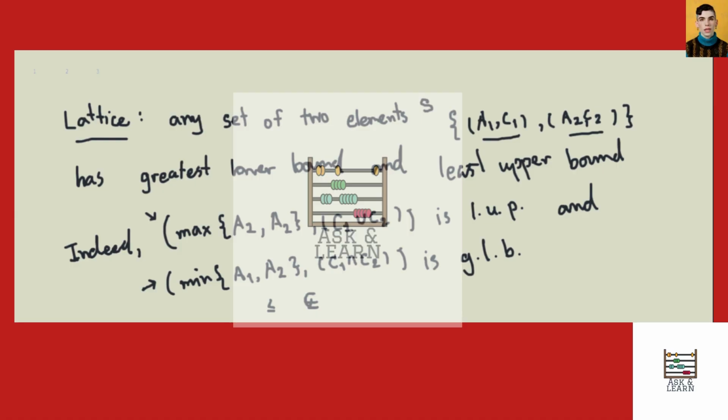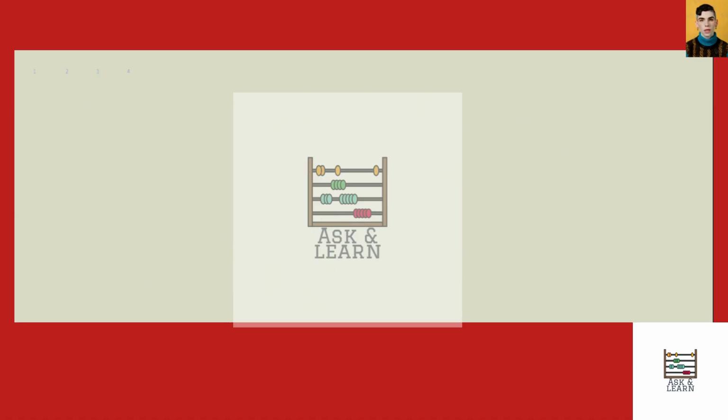So I will show the least upper bound. We have the first entry as the max between the two, and the second entry as the union between the two.